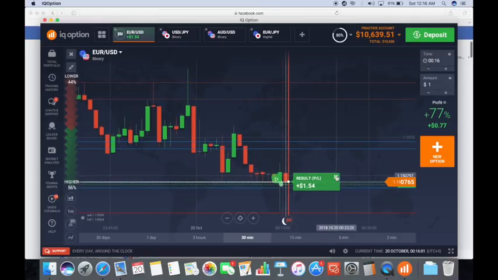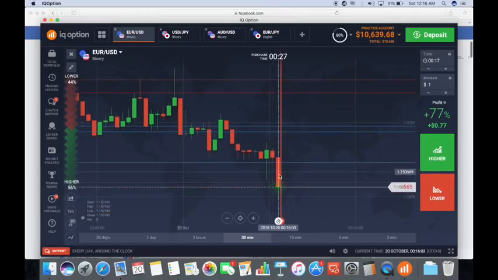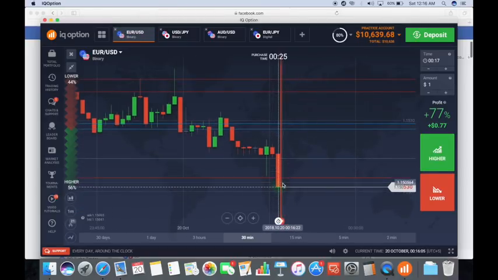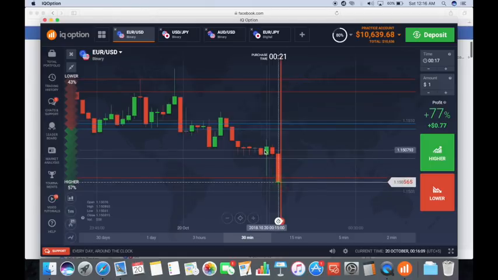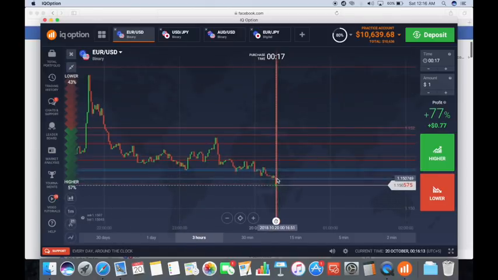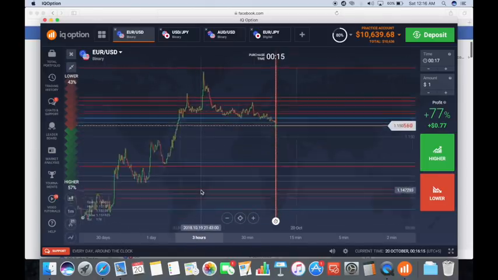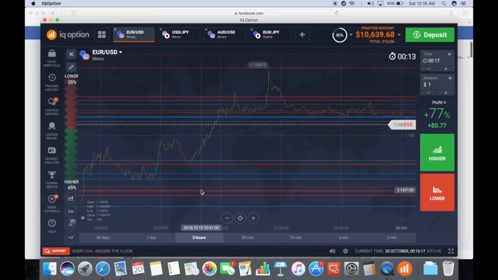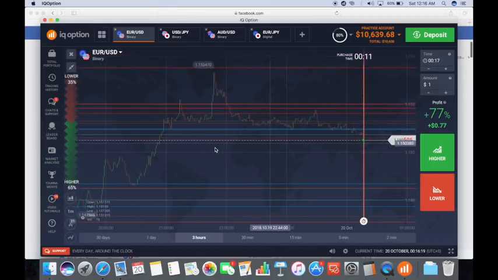Oh, awesome. Oh wow, look at that. It was a strong reaction when it entered this demand level, and after that it just crashed. Now the way things are going, it's entering towards this demand level, and I will see whether it rebounds from that or not.